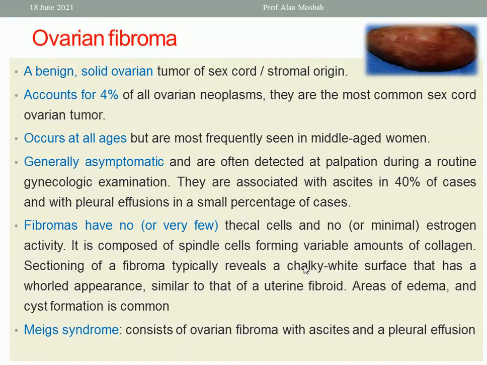It is composed of spindle cells forming variable amounts of collagen. Sectioning of fibroma typically simulates fibroid of the uterus with whorled appearance in the cut section. Areas of edema and cyst formation are common.